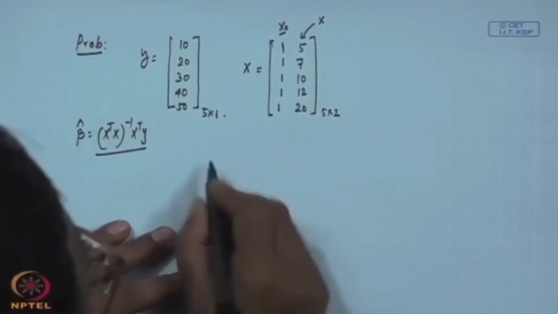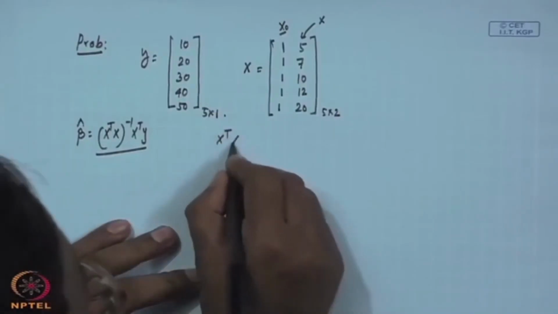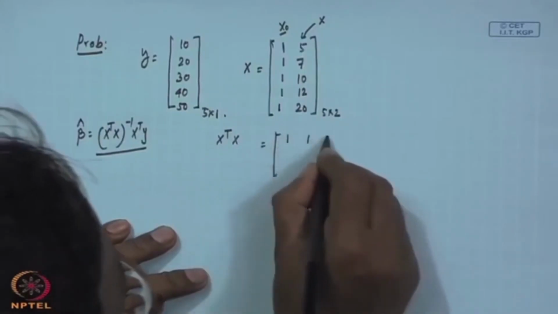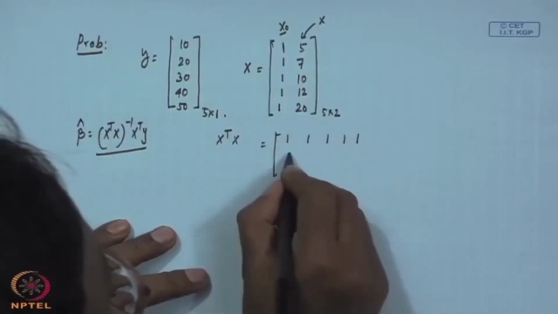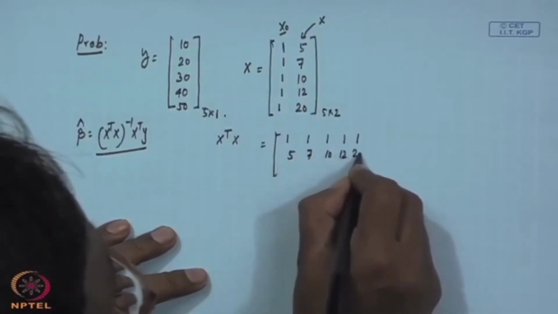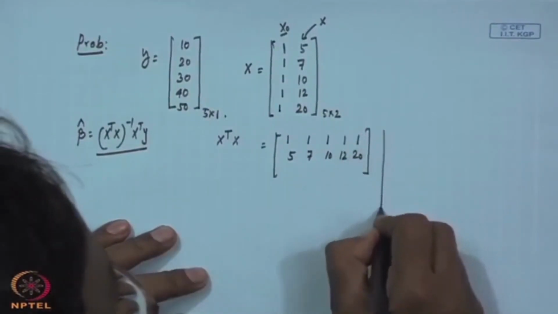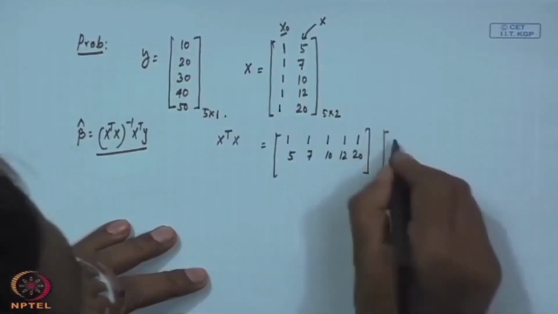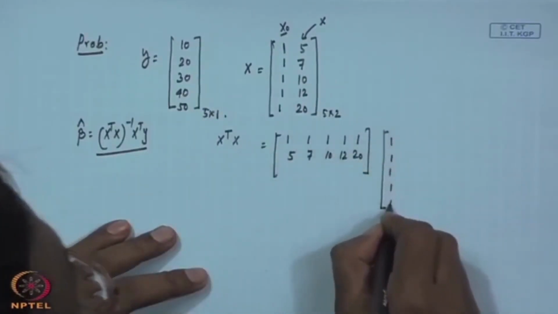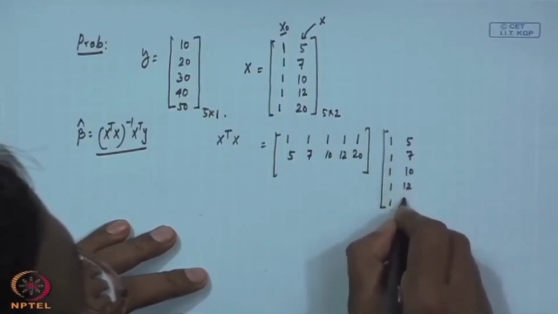So, your step 1 is to find x transpose x. So, that will be your 1 1 1 1 1, 5 7 10 12 20. This is x transpose. Then again x. So, 1 1 1 1 1, then 5 7 10 12 20.